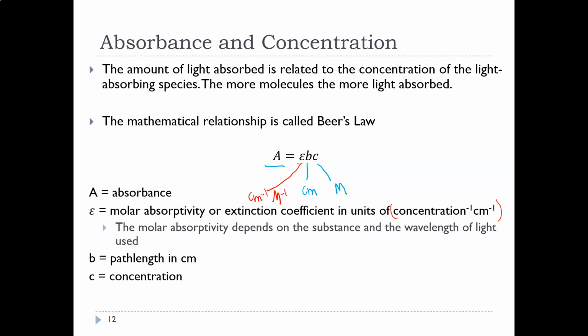So when we do experiments that require the use of Beer's law, it's always at least a two-part experiment where part one is make standards where we clearly know the path length, the B value. We clearly know the concentration, so that's why they're standards. We already know their concentration. And then we can very easily measure the absorbance, so that way you can calculate the molar absorptivity or the extinction coefficient constant, and then you take a solution where you do not know the concentration and test it.